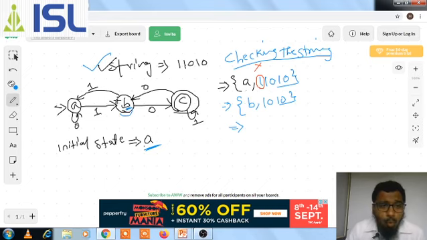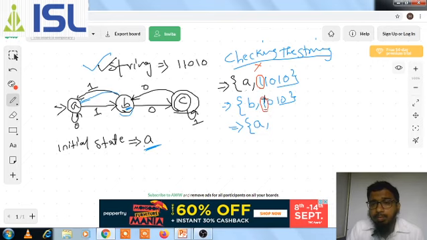B is 1, it is going to A. So here A, comma, we need to remove this one. So what is the remaining string? 0 1 0. Fine. So this is the remaining string.